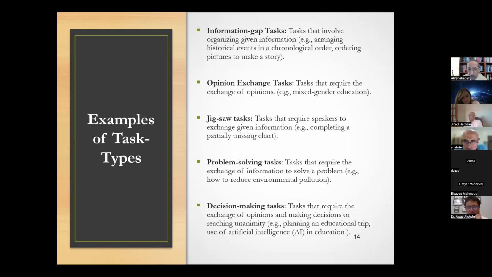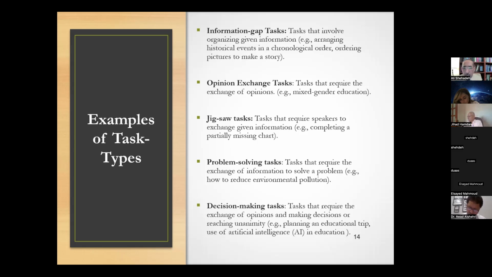And another type of task is decision-making tasks that require the exchange of opinions and making decisions or reaching unanimity, ijma'. All right, for example, how to plan an educational trip. Right, the use of artificial intelligence in education, and nowadays the use of ChatGPT in education, and of course you can have many types. So these are all illustrative examples.